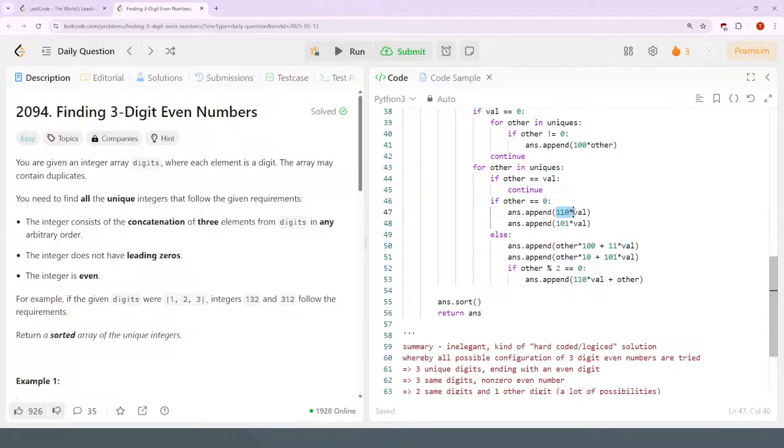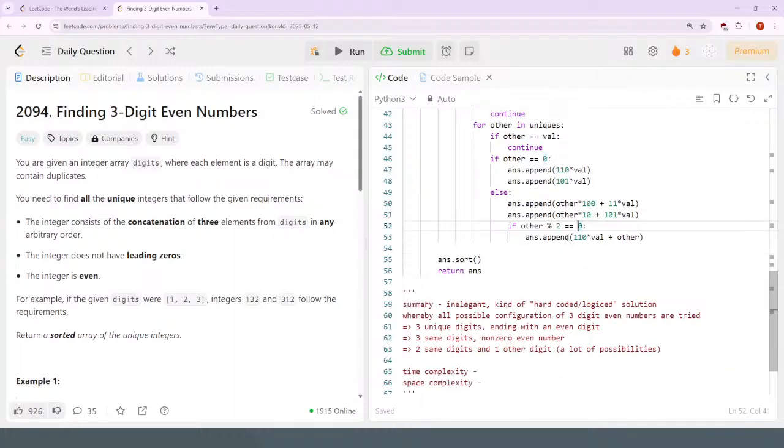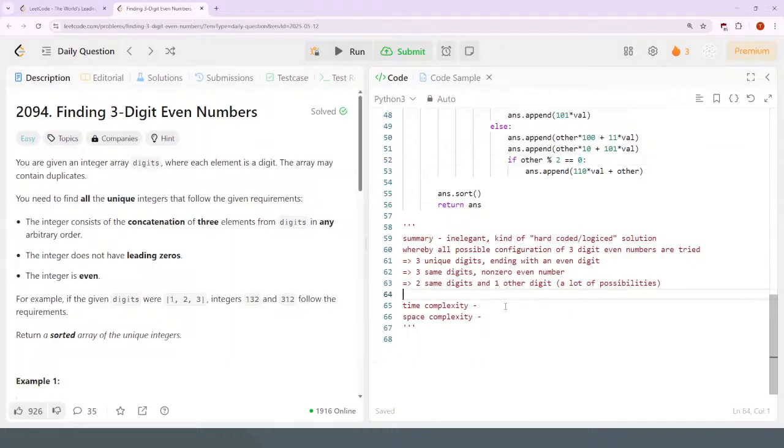If it's an even number and the other number is 0, it has to be like 220 or 440 or 404. And if the other number is any other number besides 0, then it could either be the starting number, or the tens digit paired with this even number, or the last digit if it's even. Well, anyways, it's pretty convoluted.